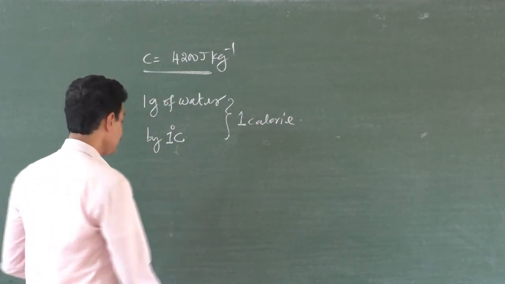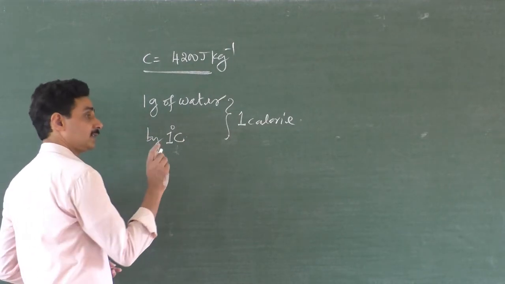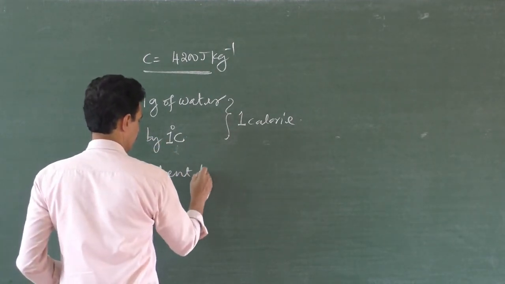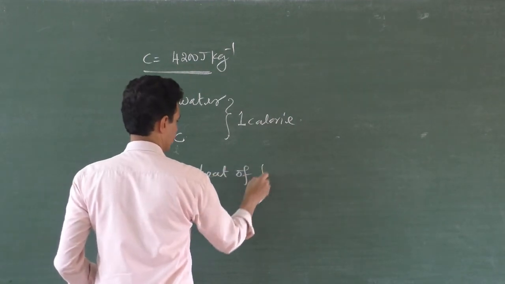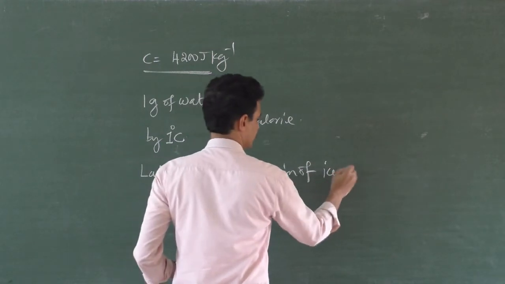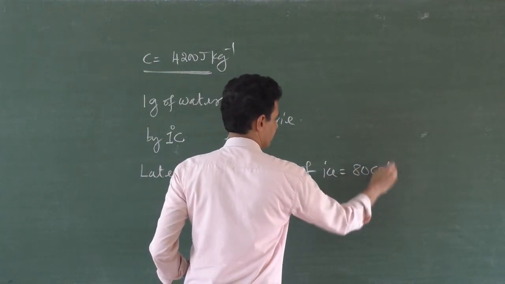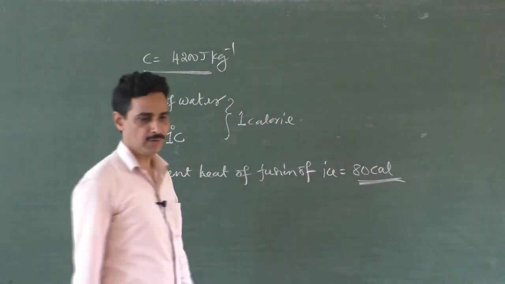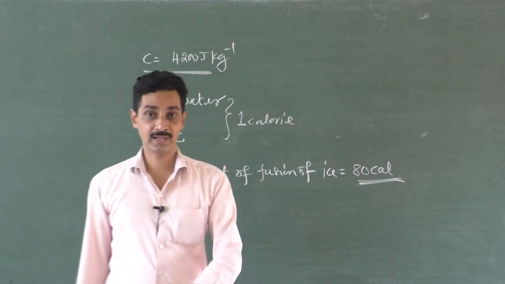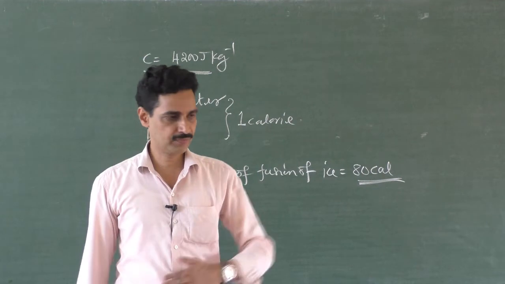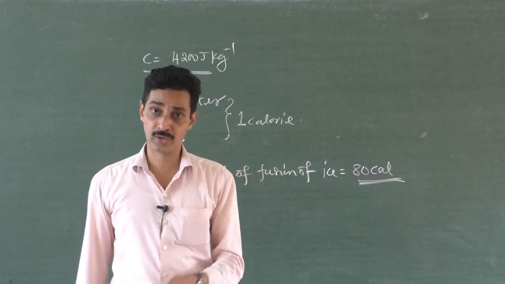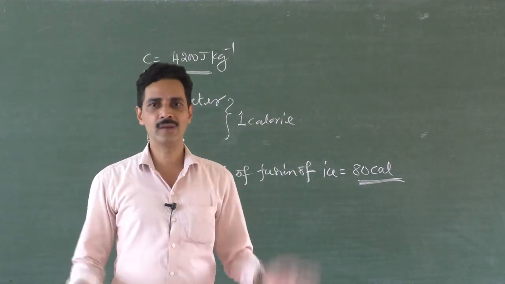Now, latent heat of fusion of ice is equal to 80 calories. What do you mean by that? If you have 1 gram of ice, to melt it completely into water at 0 degrees Celsius, because if it is at minus 10 degrees Celsius, you need some heat energy to bring it to 0 first. Such work is not needed here.